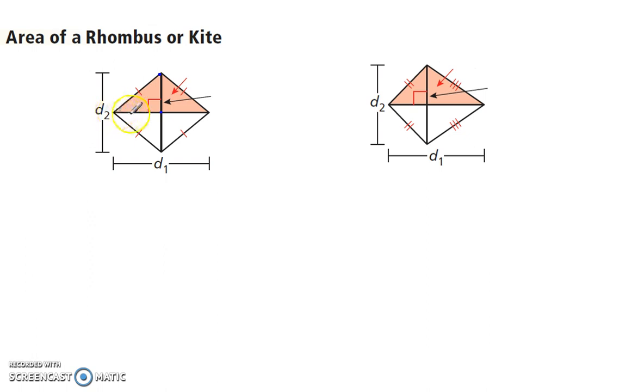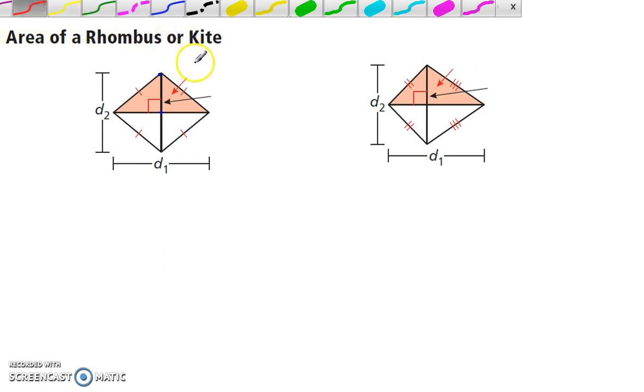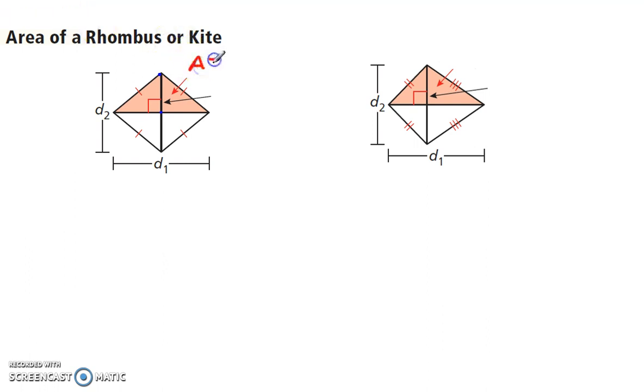Right, so if we want to take this triangle, I'll do that in red up here for you, the area of that triangle is 1/2 the base, which is D1, times the height, and the height is just this here, which is half of D2.